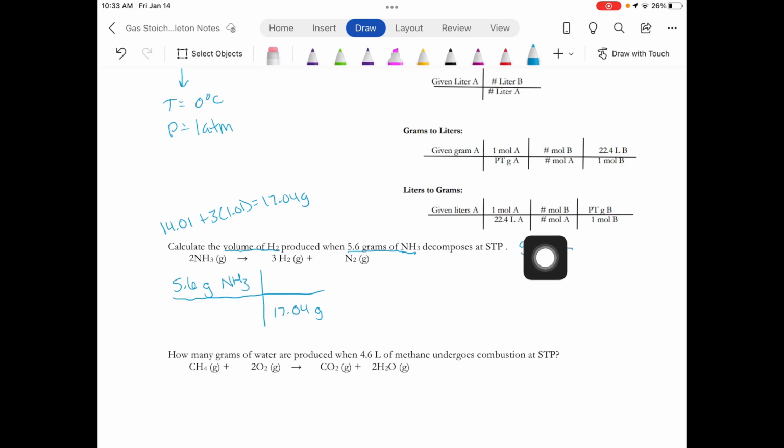And on top goes your 1 mole of A, and that is your ammonia. Because this is your A, this is your B, this was NH3, this is going to be your H2.